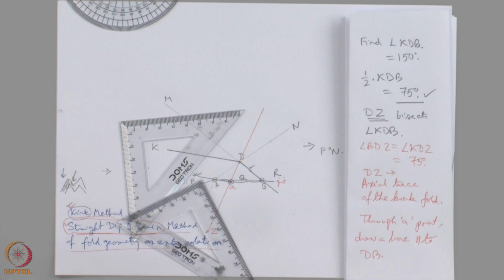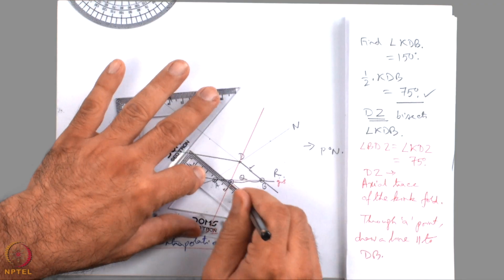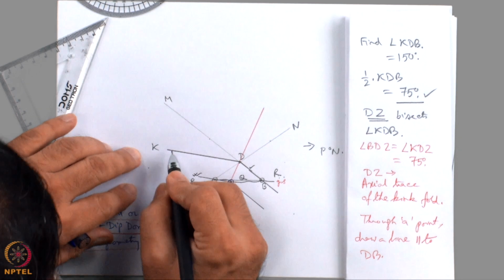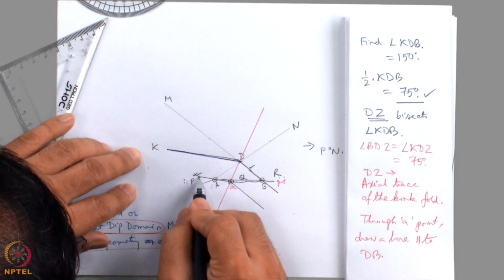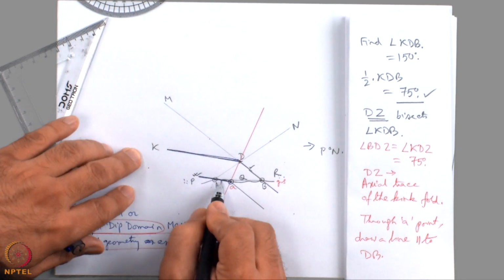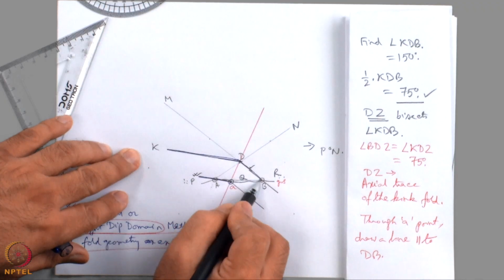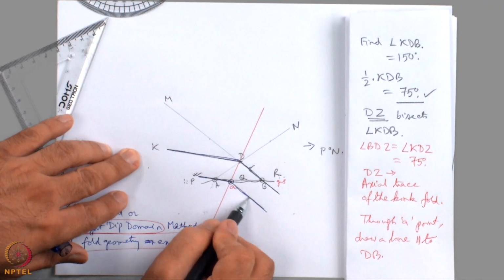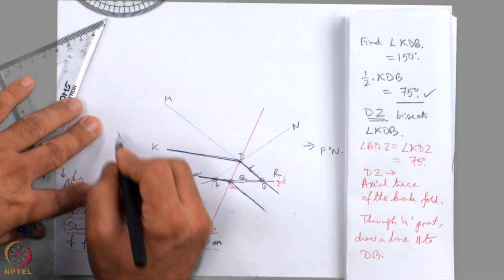I use the set square once again to draw that line, and the kink fold is produced. Where is the kink fold in my diagram? KD, and this line I have highlighted with blue color, and this line and that line. So, this defines the kink fold.